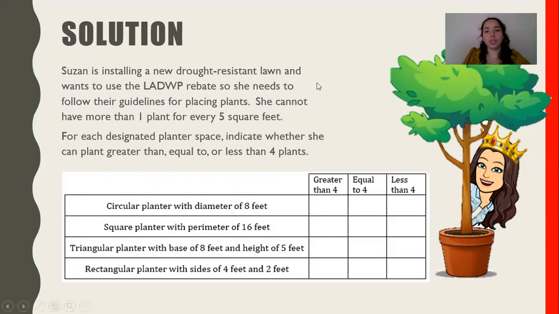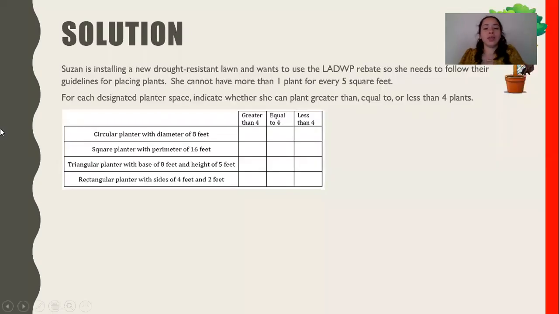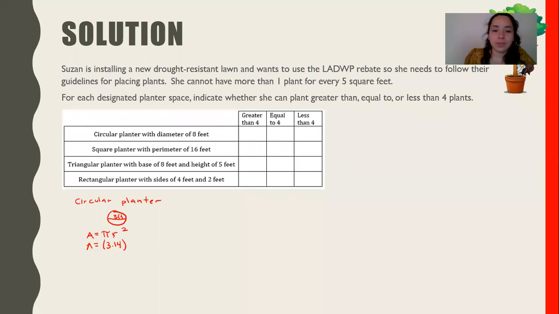So let me see if I can change this up a bit to give us working space. All right, so if we're figuring out the circular planter, do you remember how to find the area for a circular planter? So meaning for a circle, and that's where you put plants. How would we find the area? So we have that so far. So the question is, what is our radius? 4.